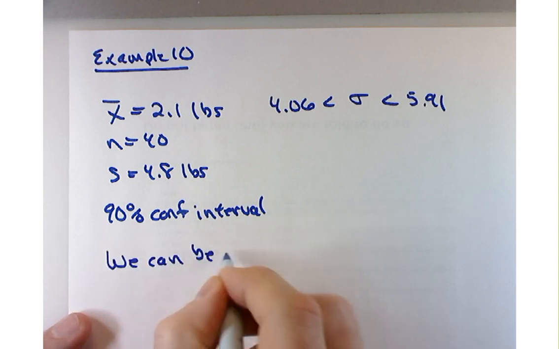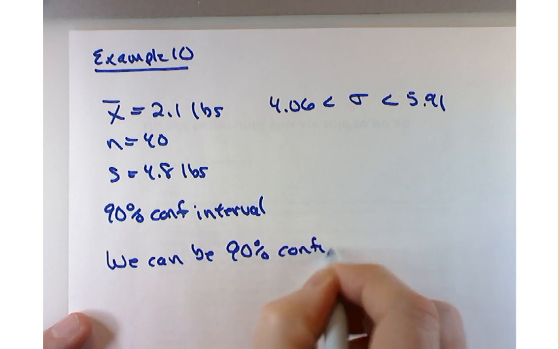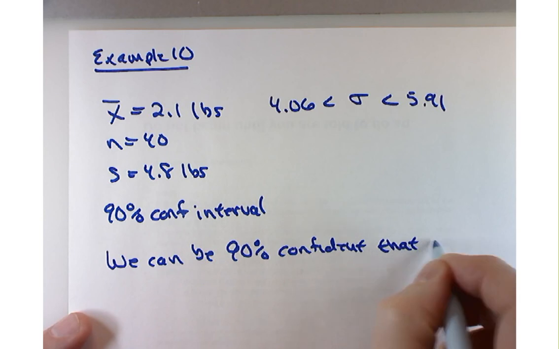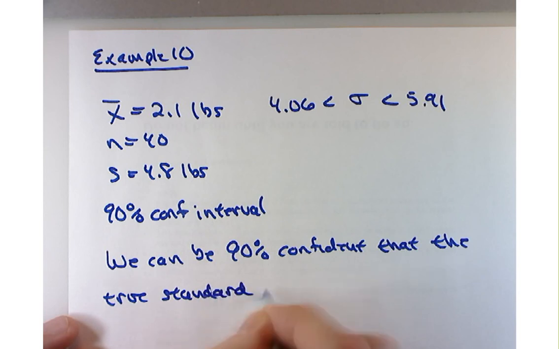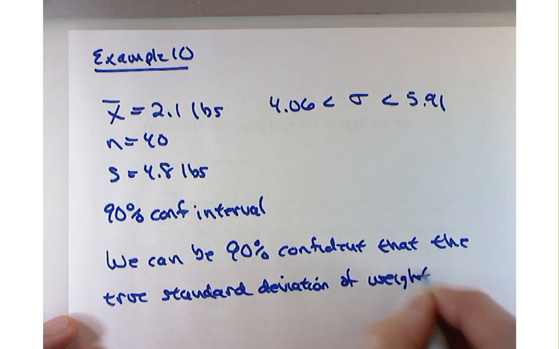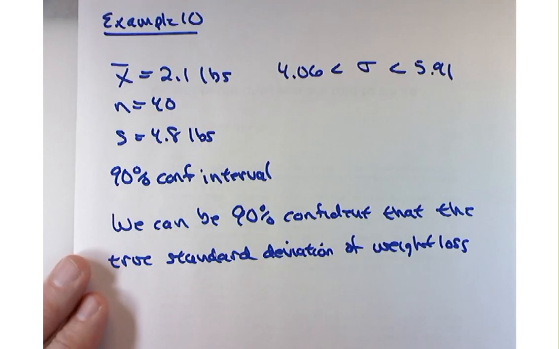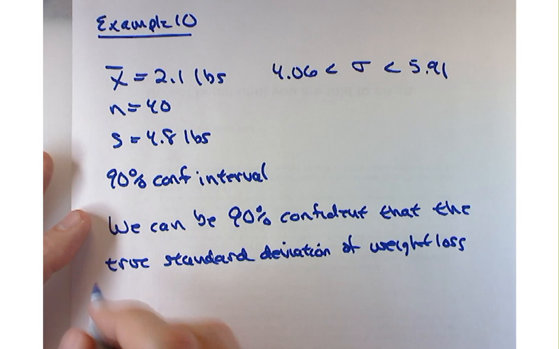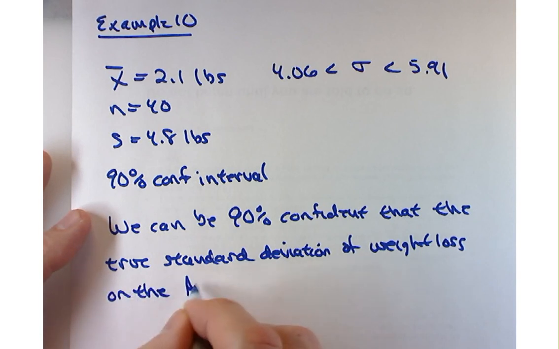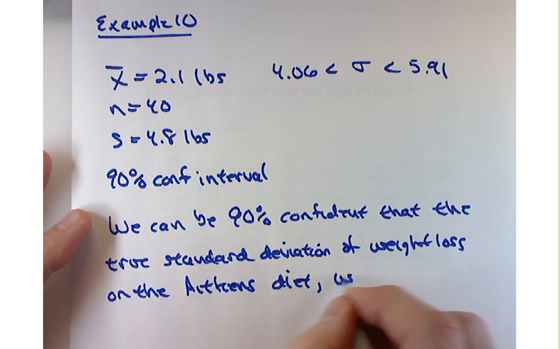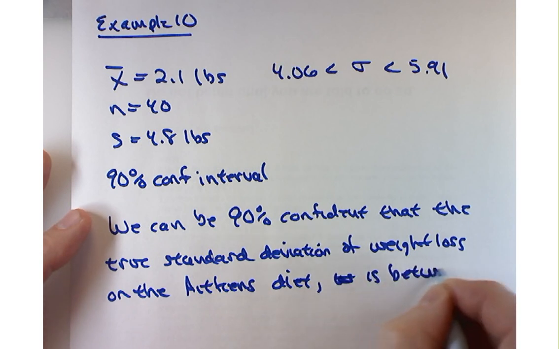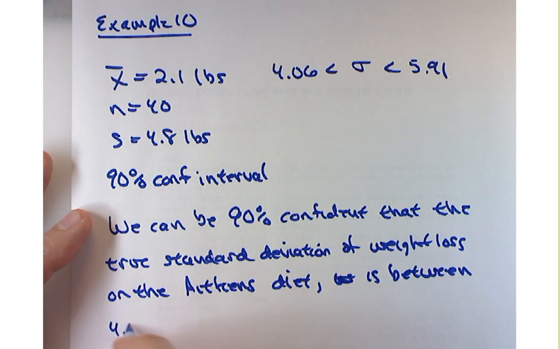We can be 90% confident that the true standard deviation of weight loss, if you want to be really accurate, you can say on the Atkins diet, is between 4.06 and 5.91 pounds.